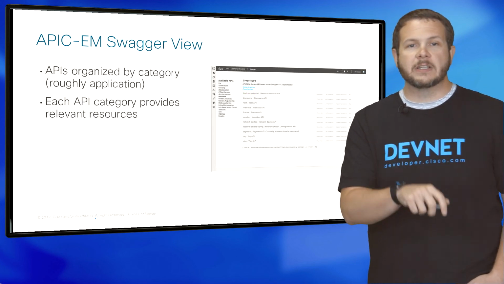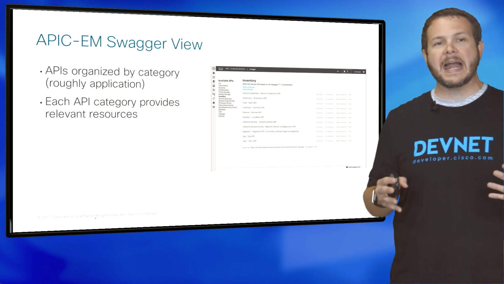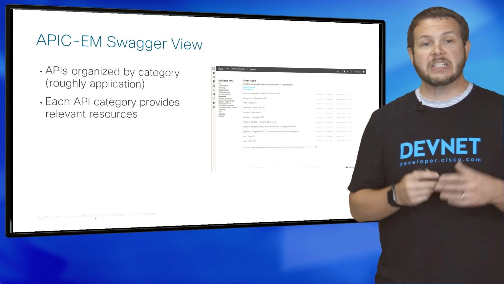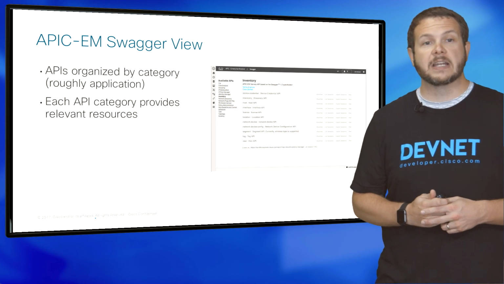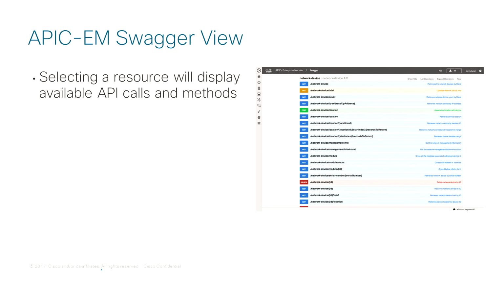Let's dive specifically into the Swagger view for APIC-EM. What we'll find is that the APIs are organized by category, which correspond roughly to individual applications. And then each API category will provide a relevant resource that's out there. Let's look at how that might look as we go through here. Once you're looking inside of the Swagger view, by selecting a specific resource inside there, in this case a network device resource out of the inventory area, we'll see the available API calls and methods.